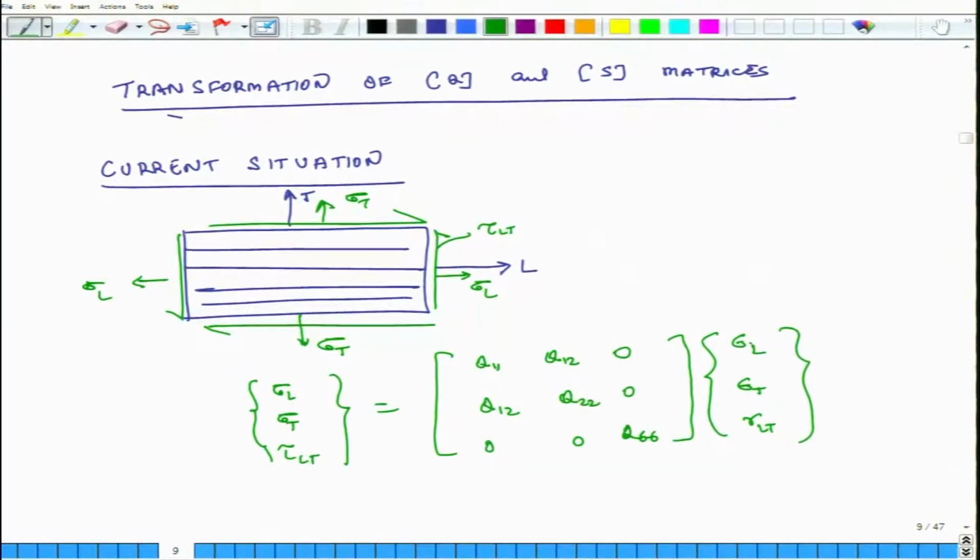So, here I have used the terms L and T. L corresponds to one axis, T corresponds to two axis, right.